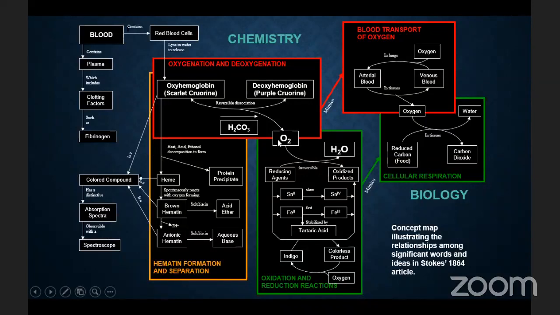Parallelly, when we talk about the oxygenation deoxygenation process, we are connecting the oxidation reduction reactions, purely a chemistry reaction. As well, we are connecting the oxygen transport system in our blood, and with that oxygen transport system our cellular respiration is very much connected, that is from the biological part, and also the formation process of our red blood cells.